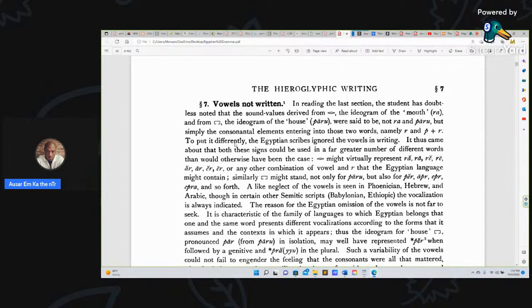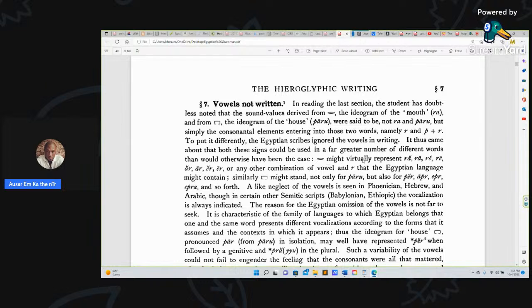To put it differently, the Egyptian scribes ignored the vowels in writing. It thus came about that both these signs could be used in a far greater number of different words than would otherwise have been the case.